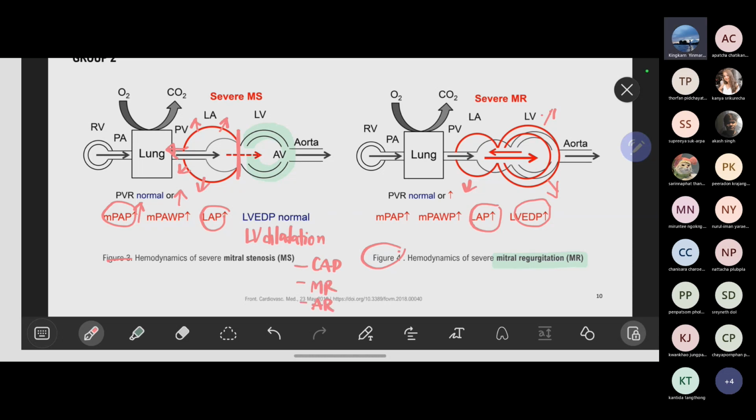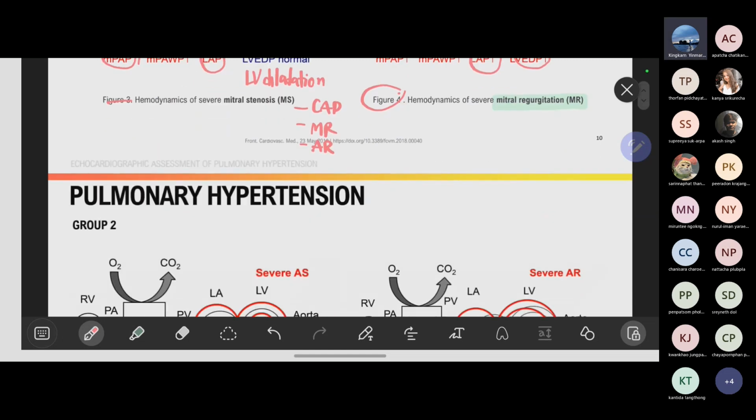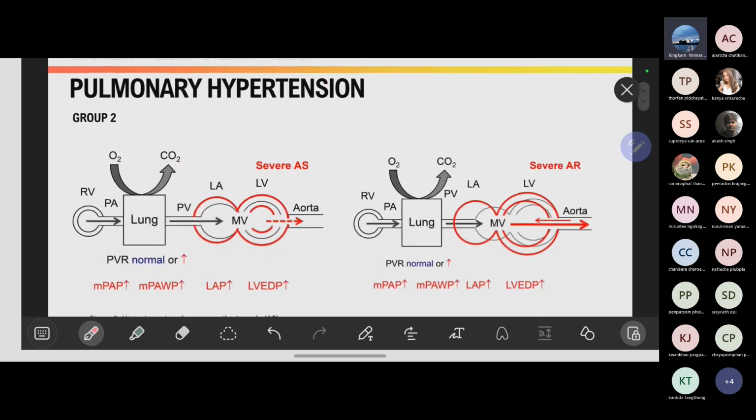If you see LV dilatation, you should find another cause of LV dilatation in a patient with mitral stenosis. Okay.